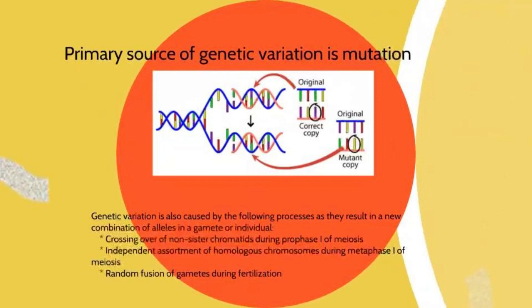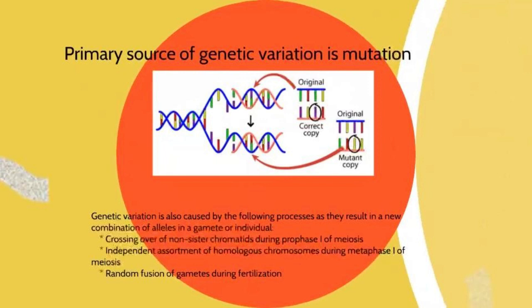So firstly, crossing over of non-sister chromatids during prophase in meiosis, independent assortment of homologous chromosomes during metaphase in meiosis, and then random fusion of gametes during fertilization. And those three things have been covered previously in our lessons. So we have natural variation within our genes, both because of environmental factors and random mutations that occur.